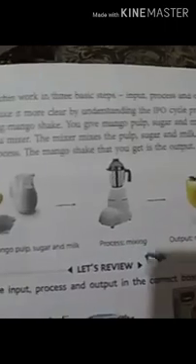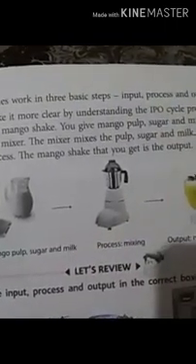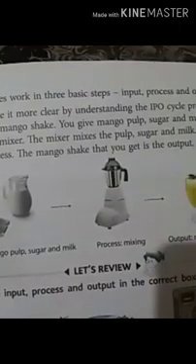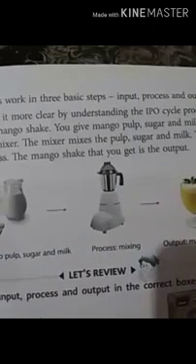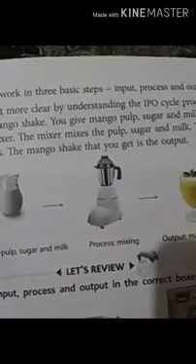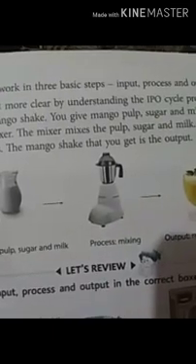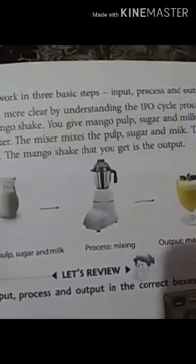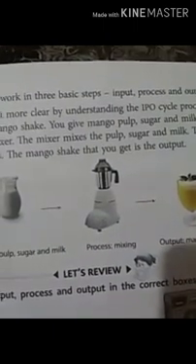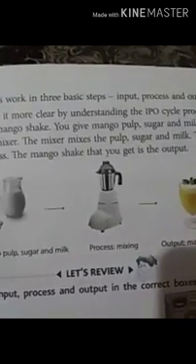Then we get our yummy mango shake. Putting in the mango, sugar and milk are the inputs, and the output is the milkshake. Whatever process is going on, the blades of the machine move round and round, cutting and mixing them. It is called the IPO cycle.